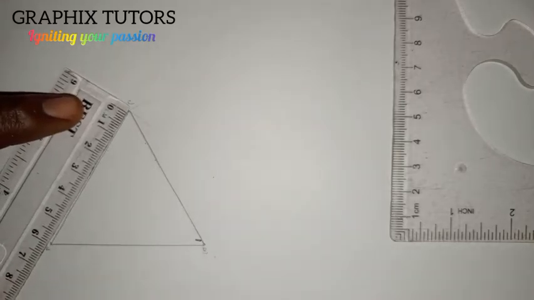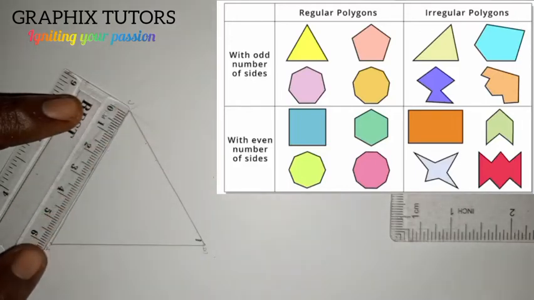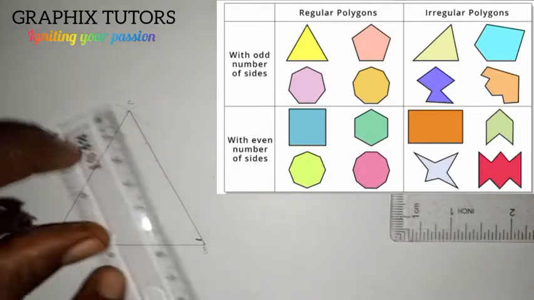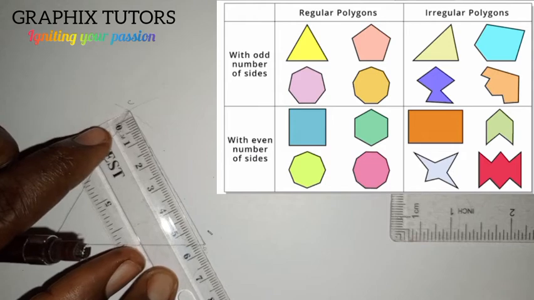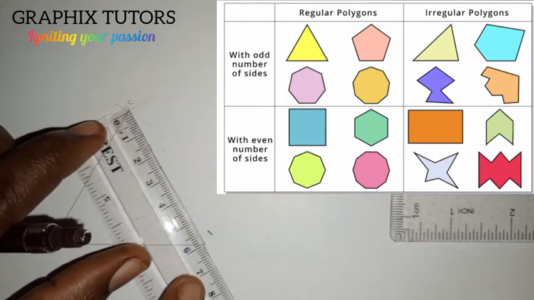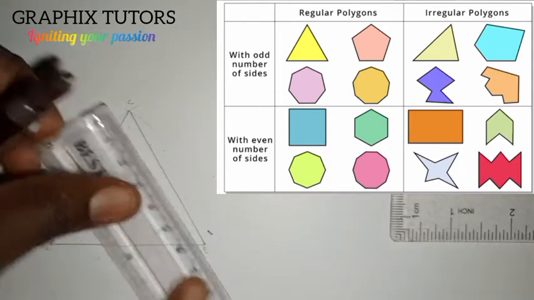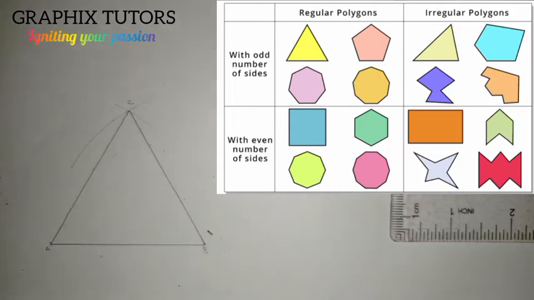You can see, starting from A to C, I'm having 60. Similarly, if I do from C to B, I also have 60. Now, such a triangle is said to be what? Equilateral, and it is a regular polygon.